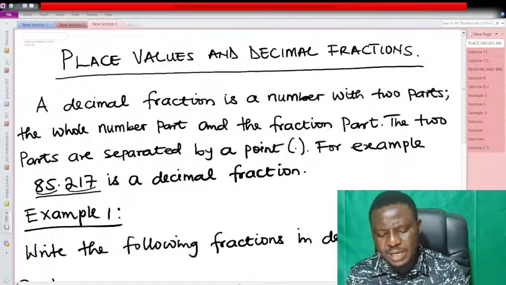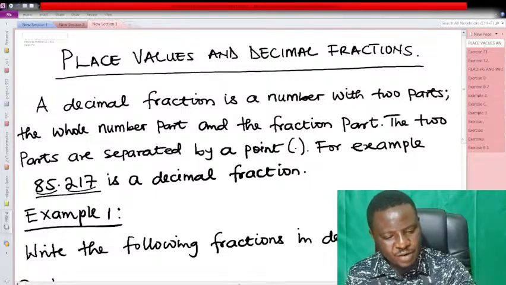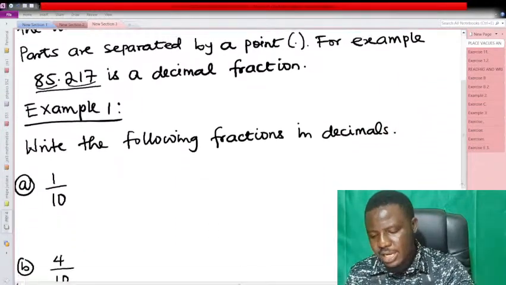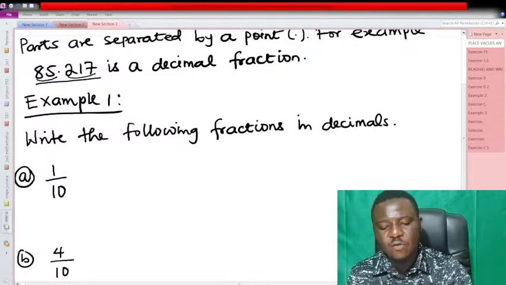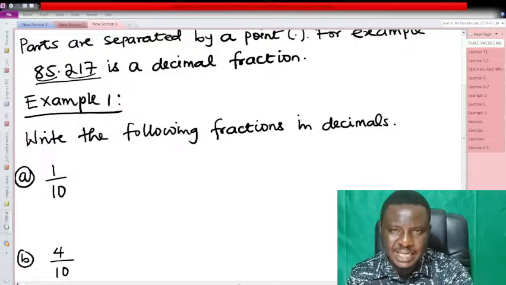So, we shall be taking more examples on place values and decimal fractions. In example 1, we are asked to write the following fractions in decimal. 1 divided by 10.